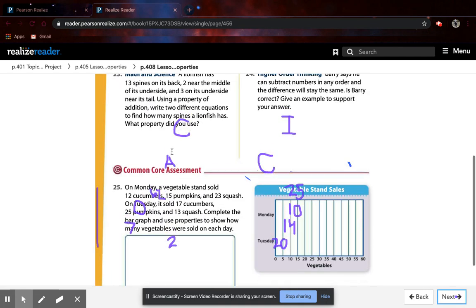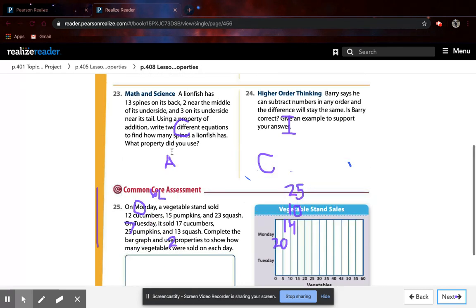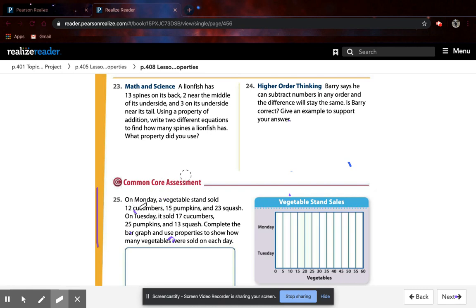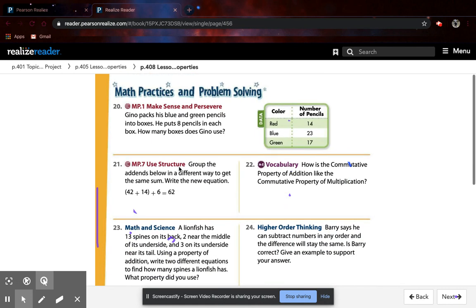If we look at 23, it's a math and science question. If you look at 24, it's higher order thinking. So some of them do have to have the same skills that you would need for 8-1, but they're not all about 8-1, so that's why I'm not going over them right now.